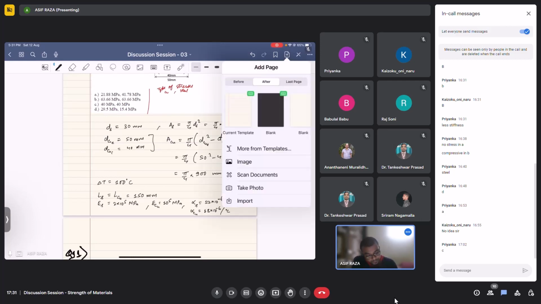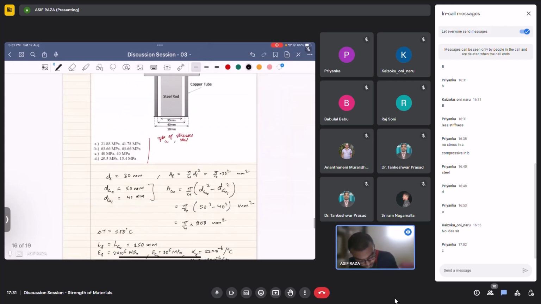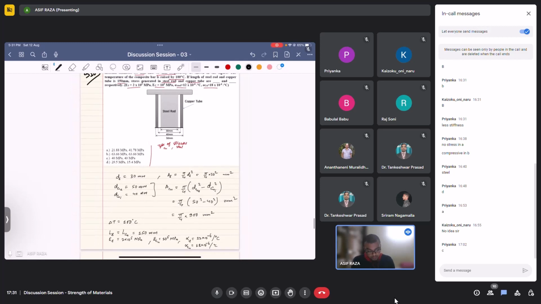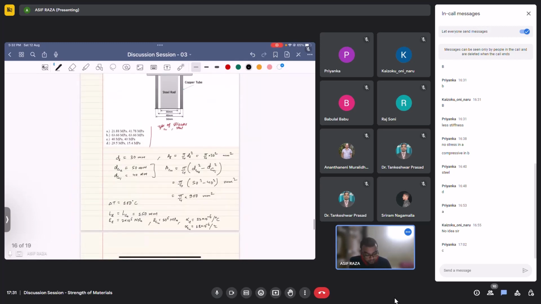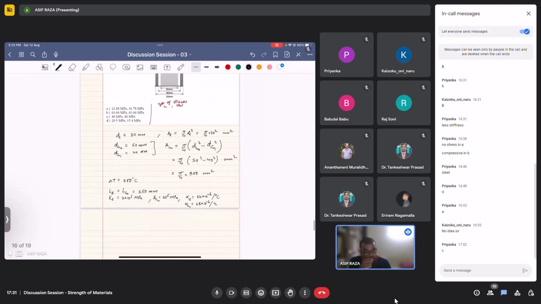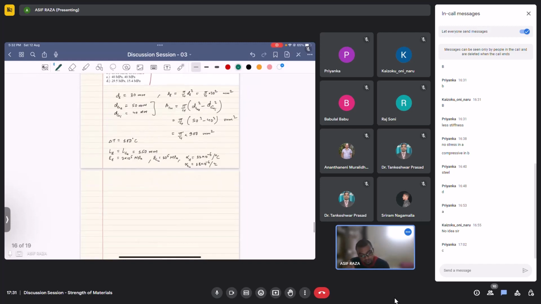Okay, now let's see what will happen. As I told you earlier, the normal tendency for the expansion would have been L alpha Cu delta T for copper and L alpha S delta T for steel.